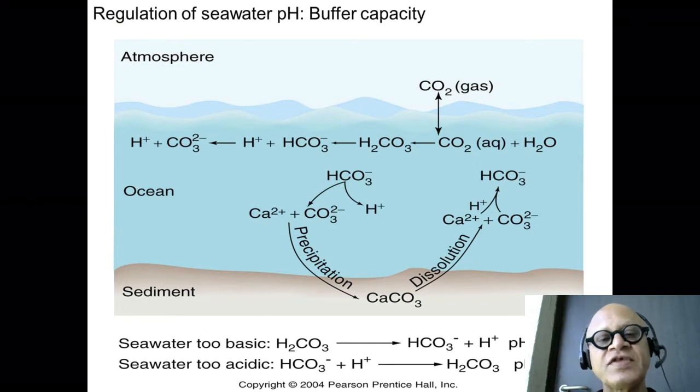Basically, you have calcium that's being brought in constantly from the rivers, all the weathering of rocks and organic matter from the forests and wherever the water is coming from into the rivers and into the ocean, is bringing in lots of calcium. Calcium has two positive ions. It's going to satisfy its polarity by combining with CO3 carbonate, which has two negative charges, and it's going to form calcium carbonate.